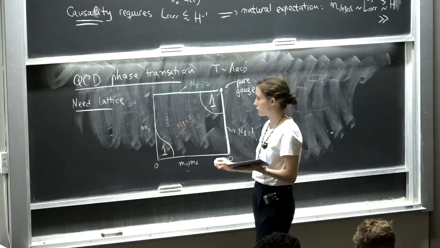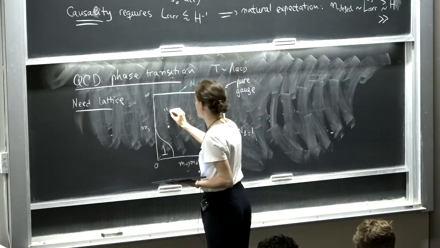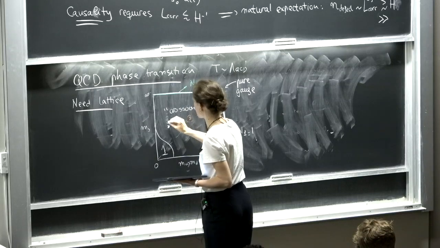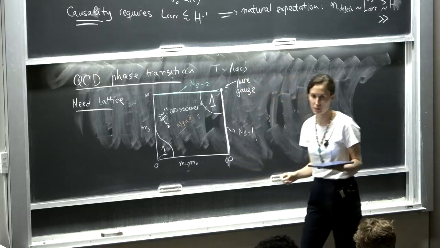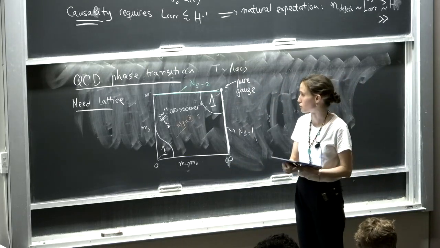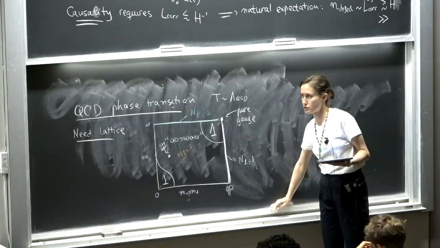And the physical point corresponding to the standard model is somewhere here, okay? Where the transition is, again, a crossover. So something like an equilibrium temperature.